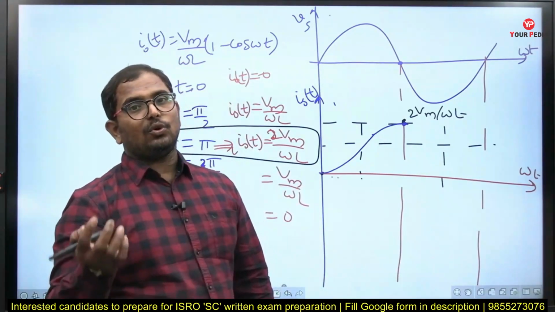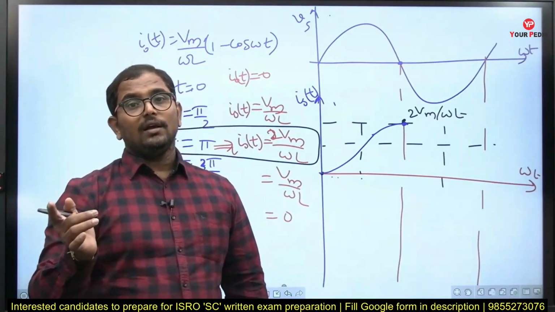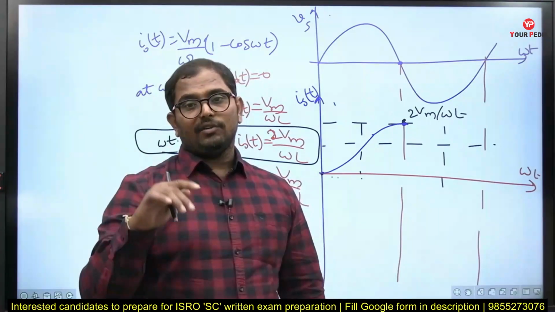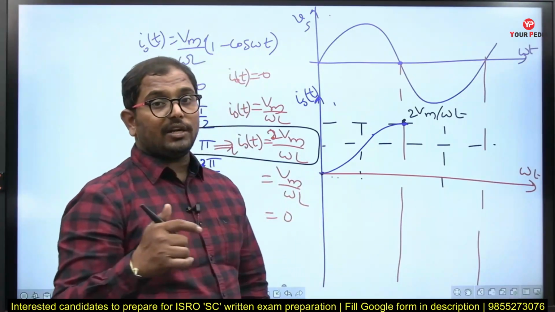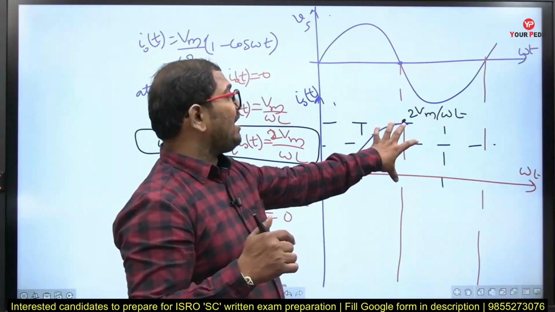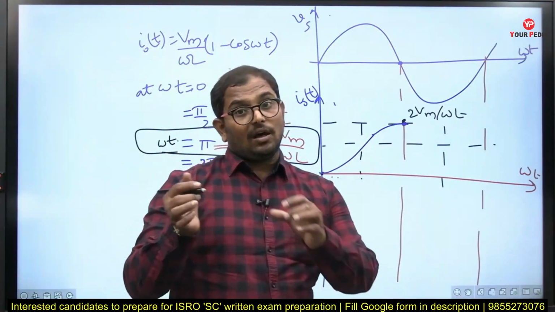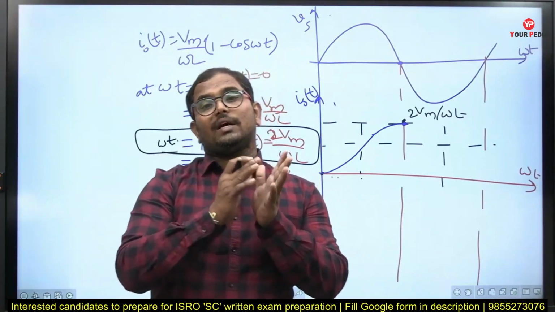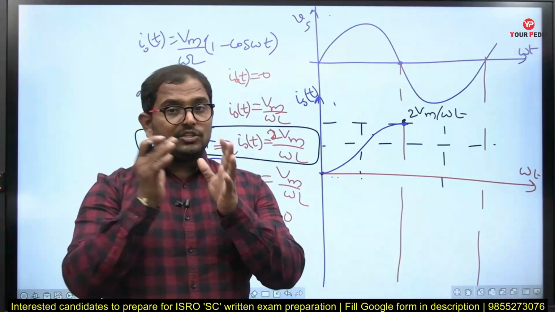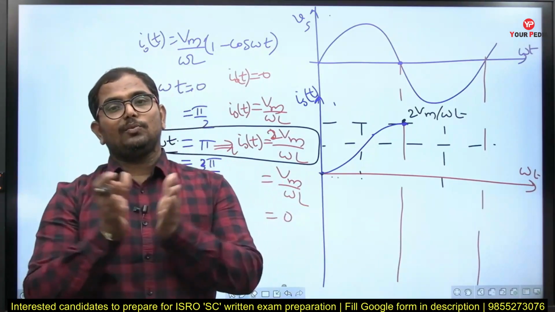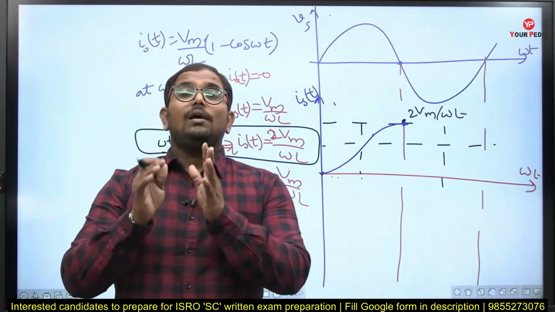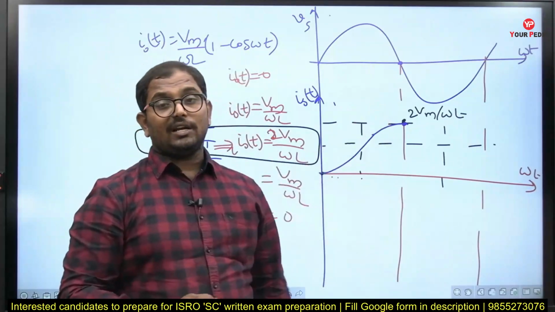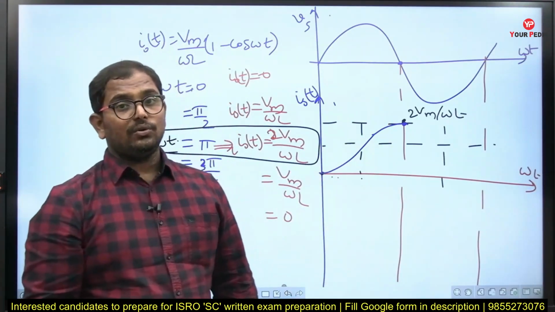Because of that huge voltage induced across the inductor, the device will be maintained in on state only, because this is the value of current, and this current already stores some energy in the inductor. So trying to make that energy 0 in 0 time is not at all possible in a practical situation, because the law of conservation of energy will be violated if a sudden change in current occurs in 0 time.